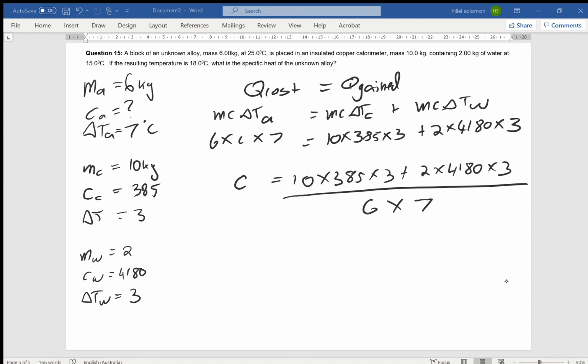And then I'm going to divide that whole thing by 6 times 7. And I should get C of 872. So C equals 872, and always remember to put units on the end of your answer. So that's joules per kilogram per Kelvin.